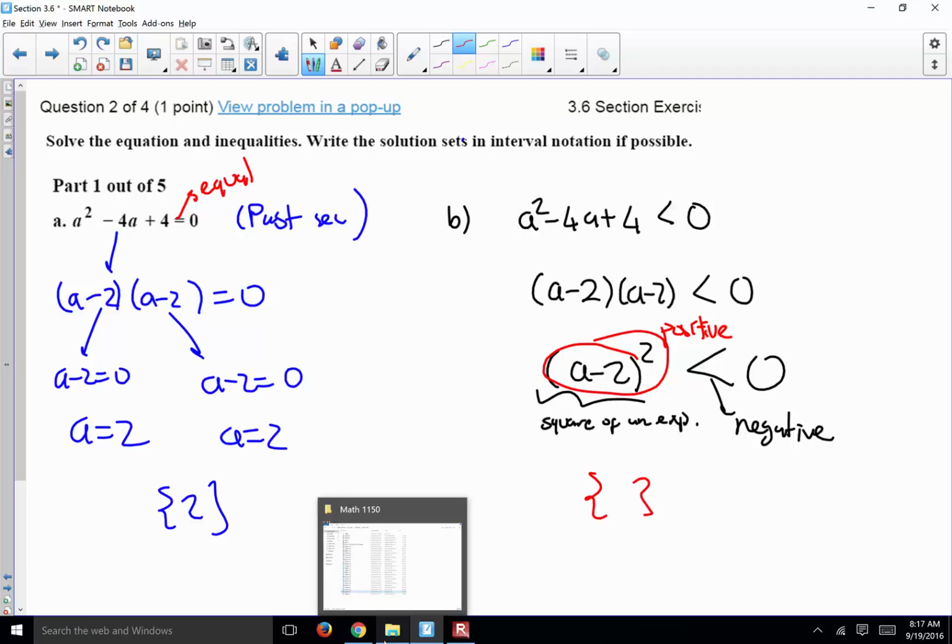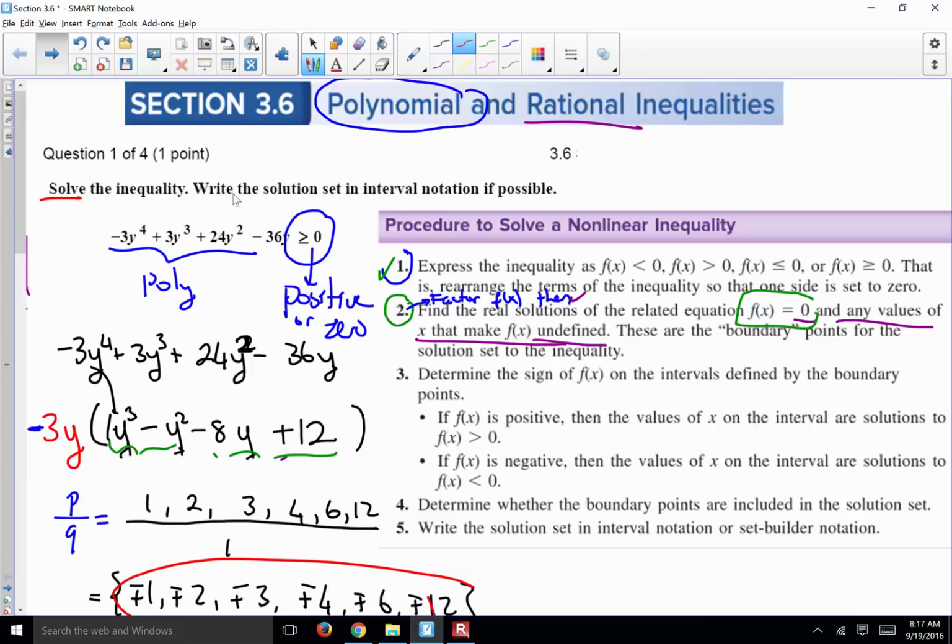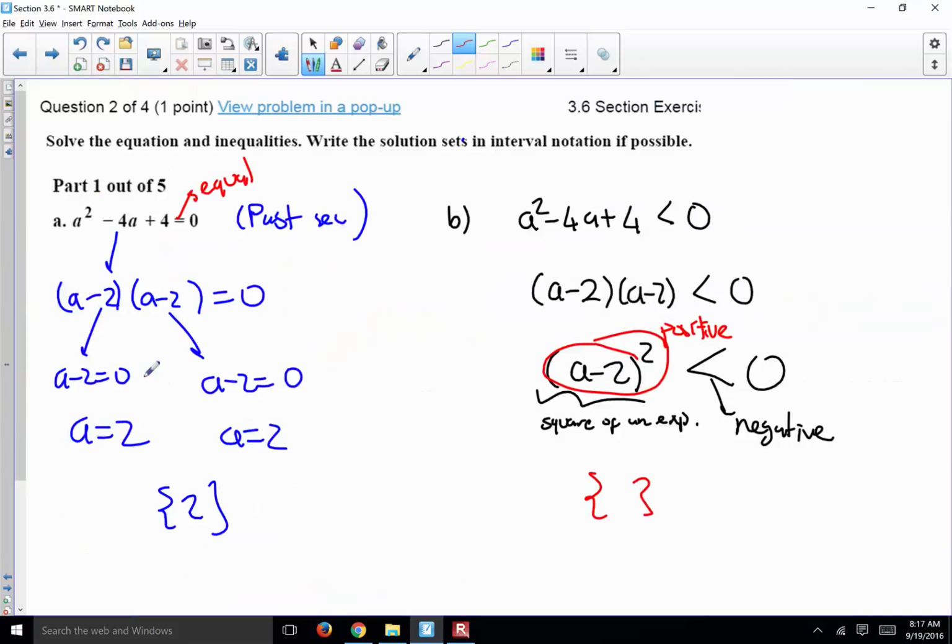This is empty. If you repeat my work here, do the same thing as in question 1, find zeros of this thing you already did and make the table, you will end up with the same thing. The boundary point will be 2. You will end up getting positives on this side, positives on this side.